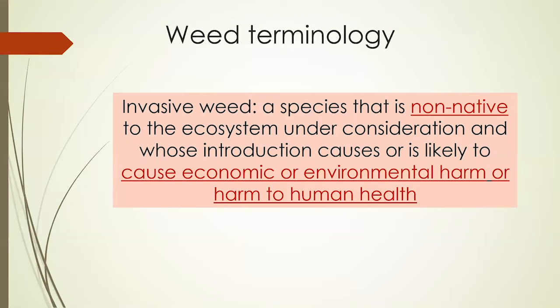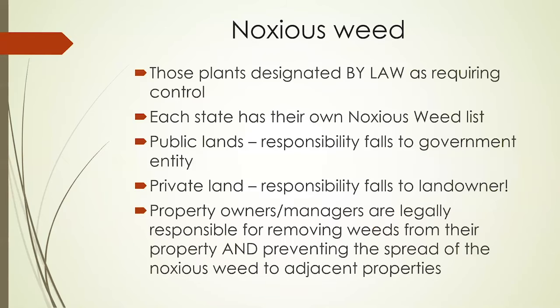Well, this is still pretty vague because it just depends on what ecosystem you're in, whether that is an invasive weed, a regular weed, or actually a desirable plant. So they decided to go with a term called noxious weed. And these are plants that are designated by law as requiring control. Each state has their own noxious weed list, and there's a federal noxious weed list too.